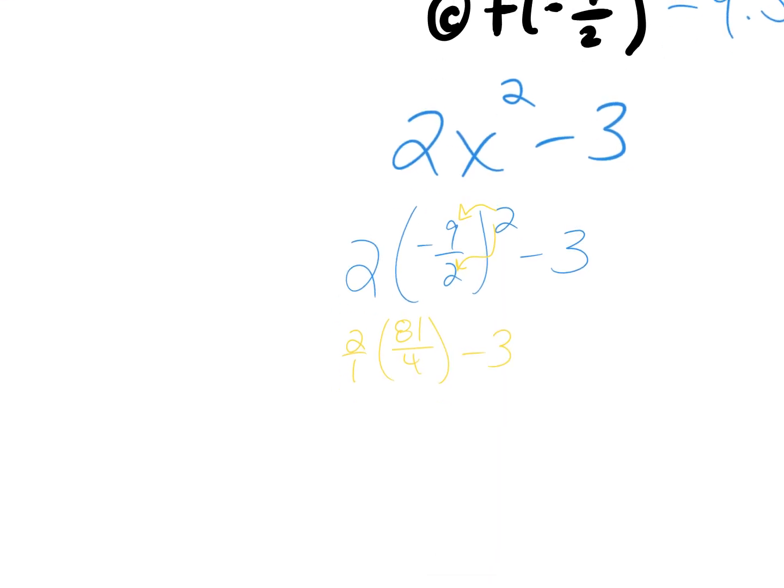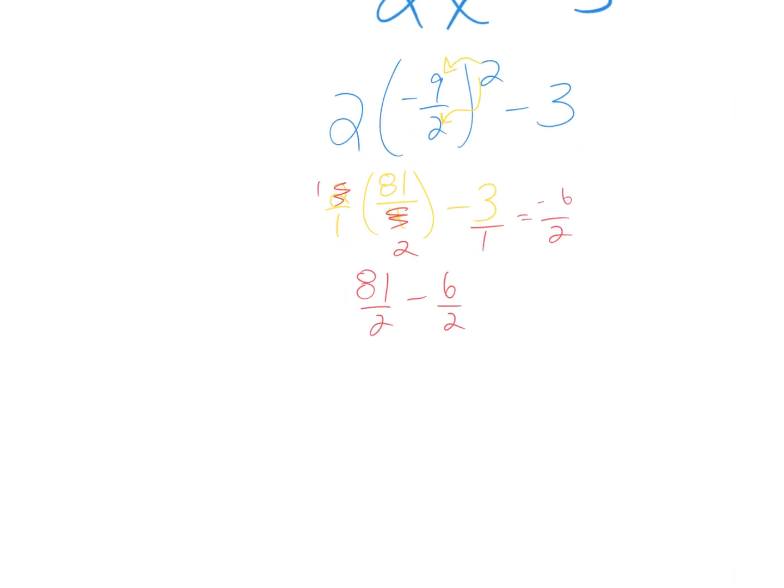Now, you can multiply across 81 times 2, then divide by 4, or you can cross cancel. 2 goes into 2 once. 2 goes into 4 twice. So I have 81 over 2, and I'm subtracting 3 from it. Well, I can change 3 into halves. What does that become? So minus 6 over 2. What's 81 minus 6? 75.